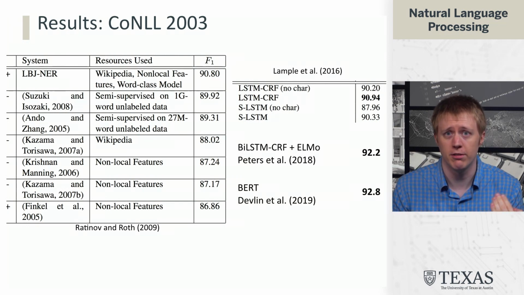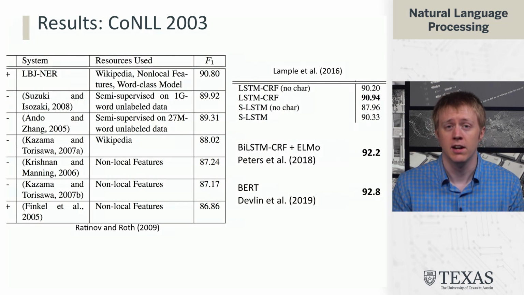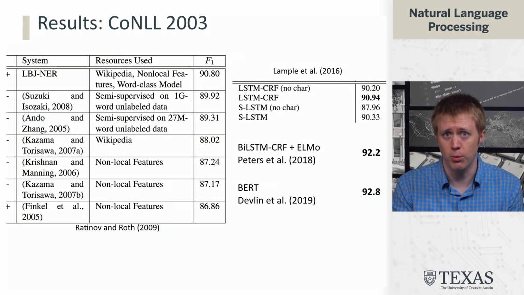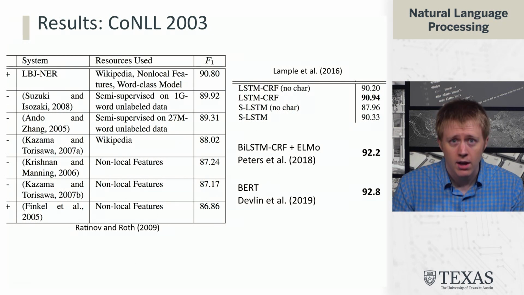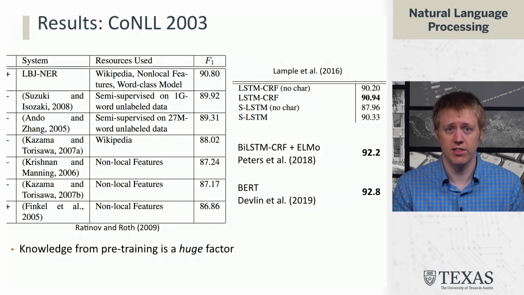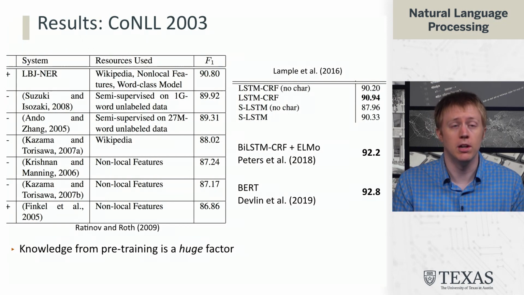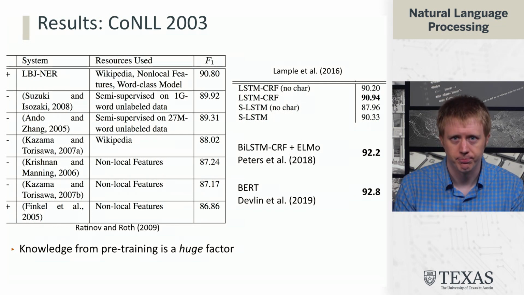ELMo got around 92, and then BERT got a bit higher, around 92.8. The takeaway here is that this external knowledge is a huge factor, so the LSTM CRFs were able to do pretty well because of word embeddings like skip-gram, and then ELMo and BERT were able to leverage stuff even more heavily.